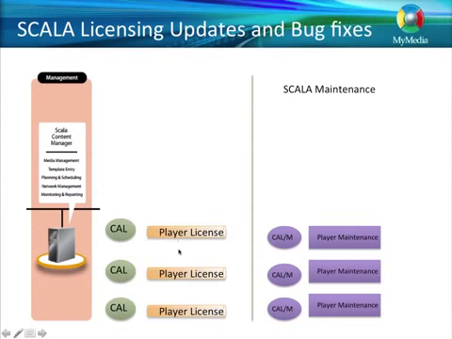You would then obviously need maintenance for each, so CAL maintenance goes with that, and the player maintenance goes underneath that. So you then see 4 line items for your quote, and that's basically in a nutshell how the new configuration for Scala licensing works.